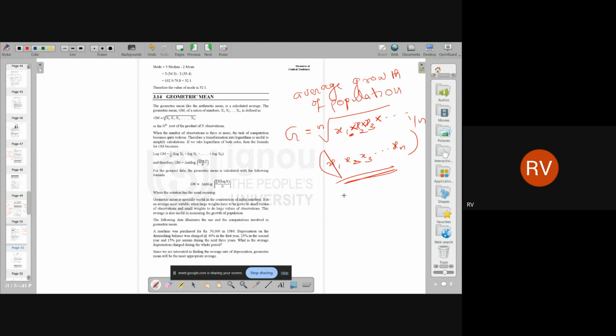For example, find the geometric mean of 2, 3, 4.